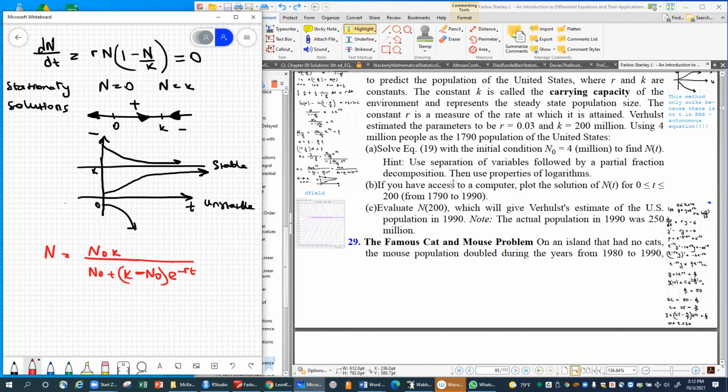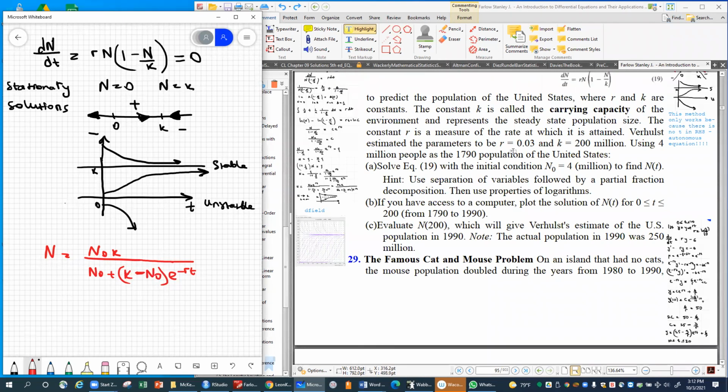So that's the general solution. Now, what do we want? What do we know? r is 0.03, K is 200 million, and n0 is 0.4. So let's try to plug in and see what happens. So 4 times 200, over 4 plus K, again 200 minus 4, times e to the minus rt, but r is 0.03 t.